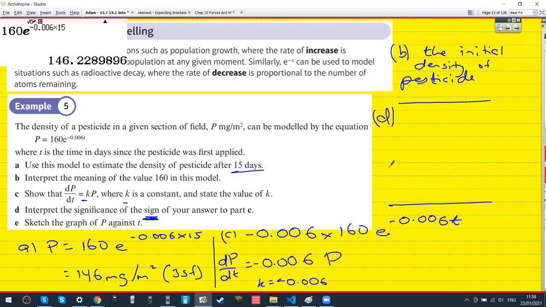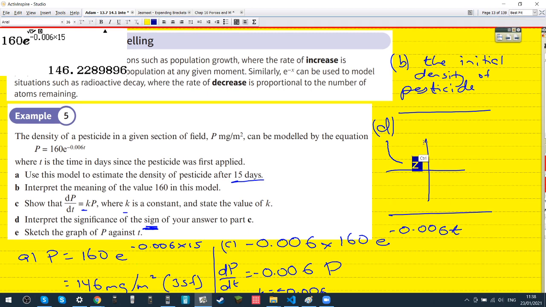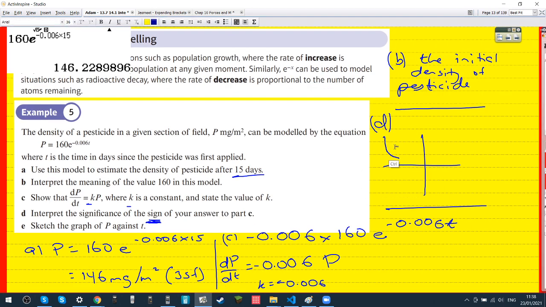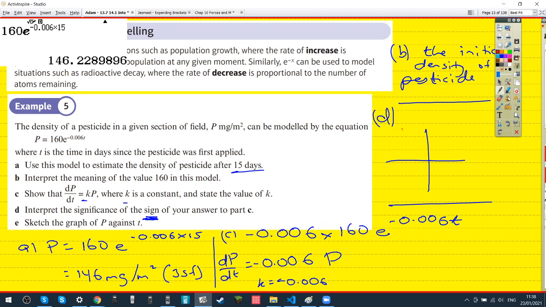You're correct. But hold the phone. So this is what the graph would look like. However, this is time, and it started from 0, and so it ends up looking like that.